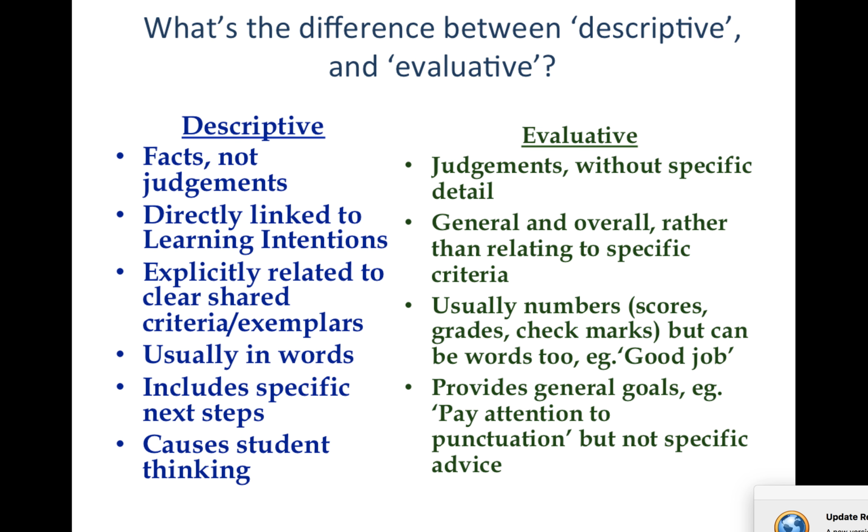On the descriptive side, as at the bottom suggests, descriptive feedback really needs to cause the student to think. It's not providing them with all the answers. It's not circling their misused verb or their misspelled word or something in their science lab that they have done incorrectly.